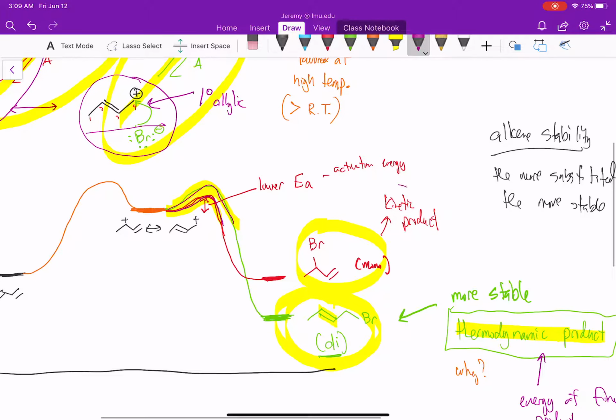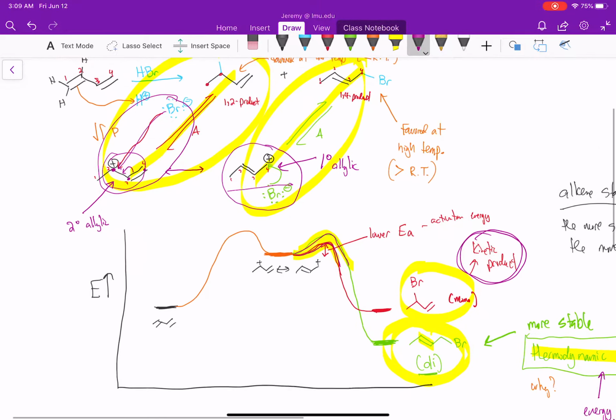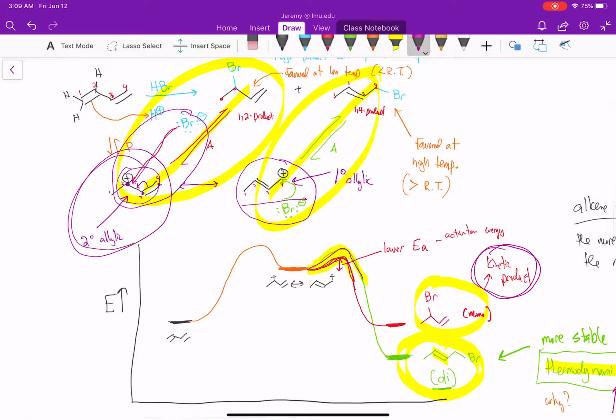But the kinetic product is we're looking at where the bromine attacks. So when the bromine attacks the more stable carbocation, we get the kinetic product, and that's always going to be favored at low temperature, okay? Because it has a lower energy of activation.